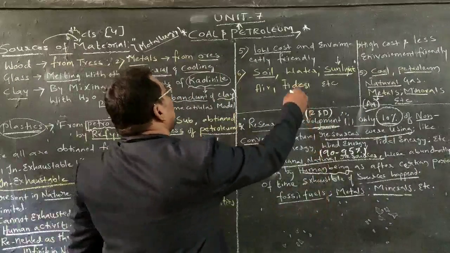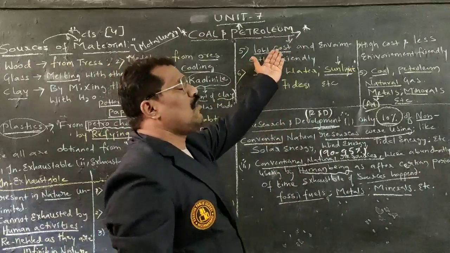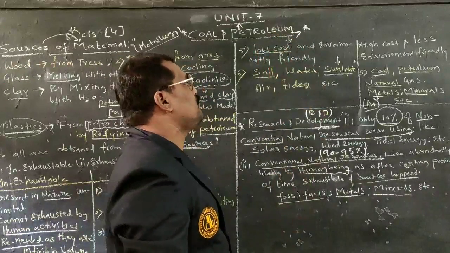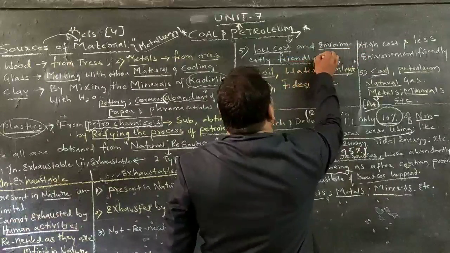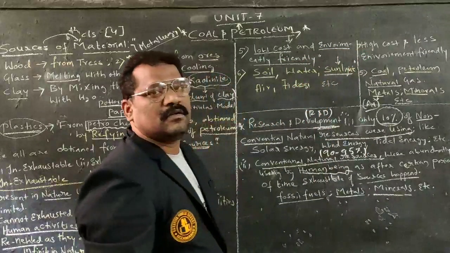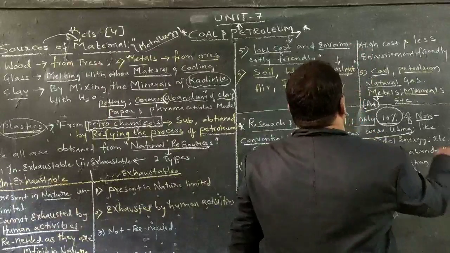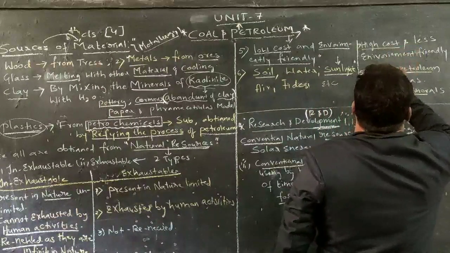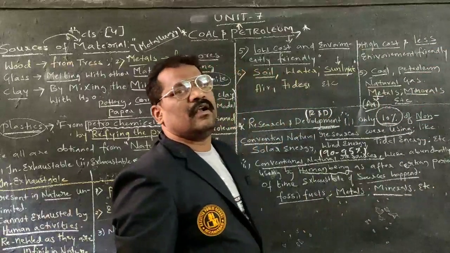Next, inexhaustible natural resources are very low cost, and environmentally they are friendly. But when it comes to exhaustible resources, they are low cost and less environment friendly.